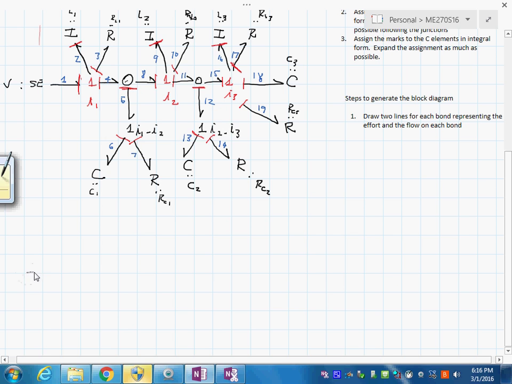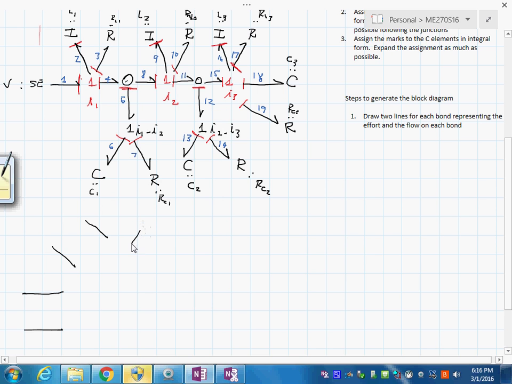These two represent this one, and we need two for the other side, like this. And then we have one that is going down like this, and then we have this too.